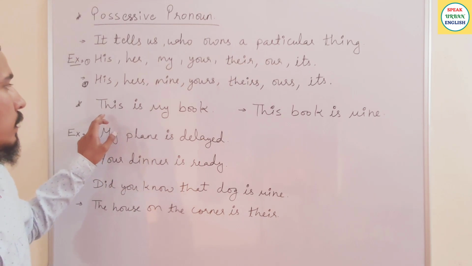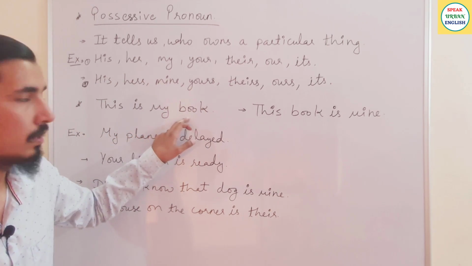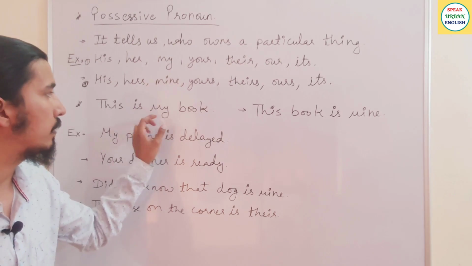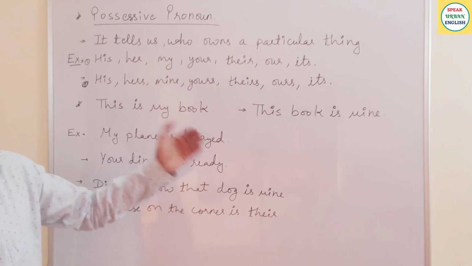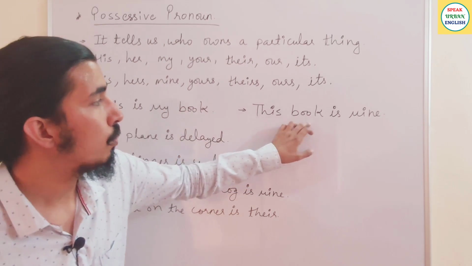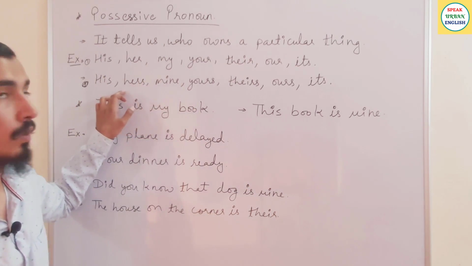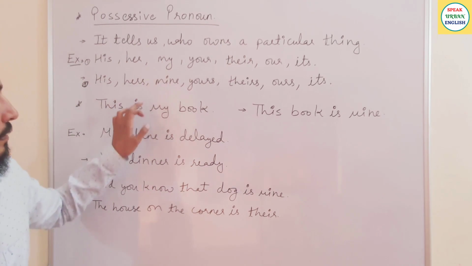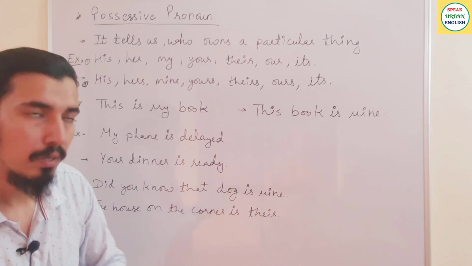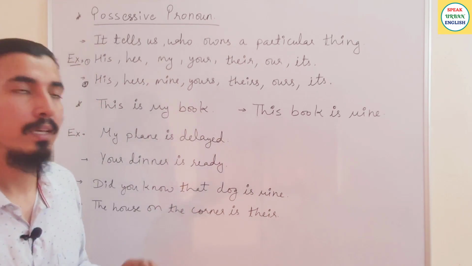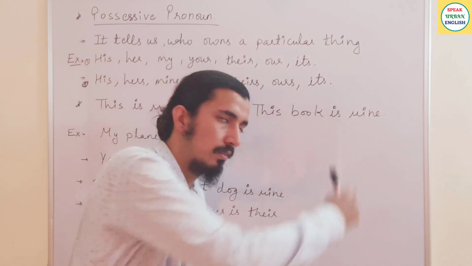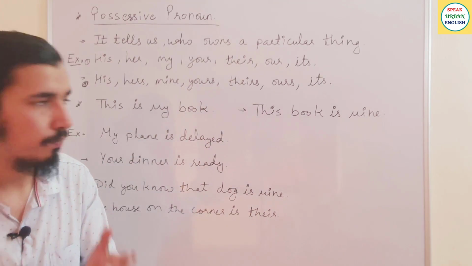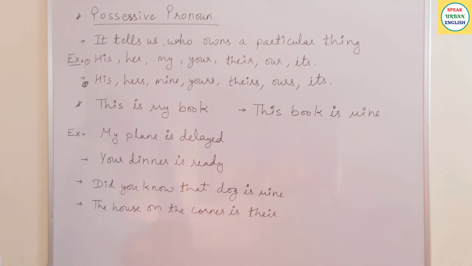So I can say this is her book, category 1, because book is adjacent to her. Or in the second category, I can say this book is hers. I will not use her, I will use category 2, so her becomes hers.